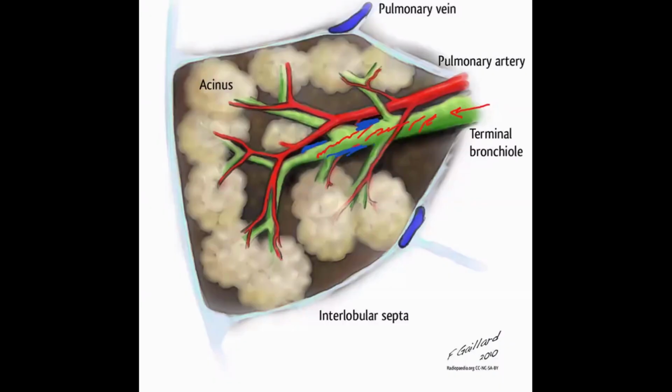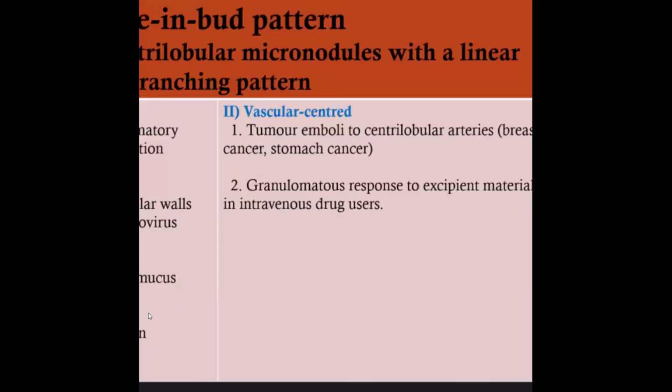Also, if we have tumoral emboli inside the pulmonary artery, it will give us centrilobular nodules and tree-in-bud infiltrates. So think again about the structure of the secondary pulmonary lobule, and you will find the differential diagnosis.